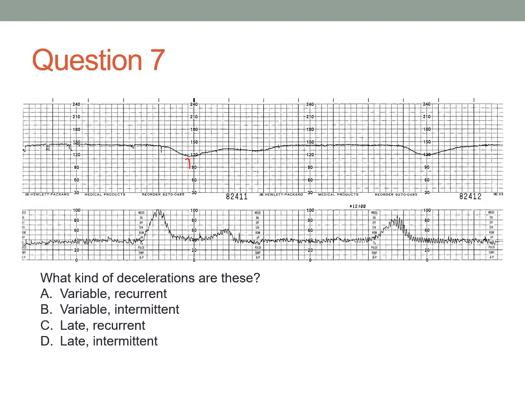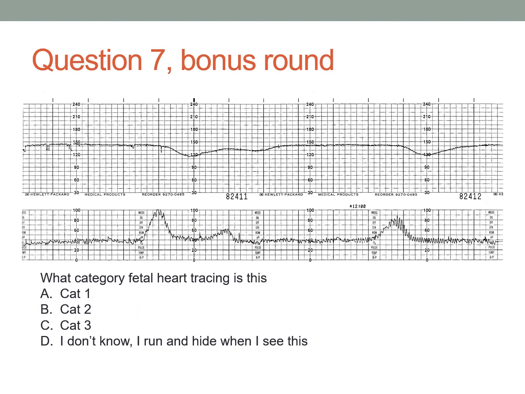So in our first example here, here's the nadir of the decel, the contraction's already done. We don't get to recovery until after it's done. You have 3 decelerations with 3 contractions. It's over half the contractions. That makes it recurrent. Bonus question, is it episodic or periodic? These would be periodic because they are associated with the contractions.